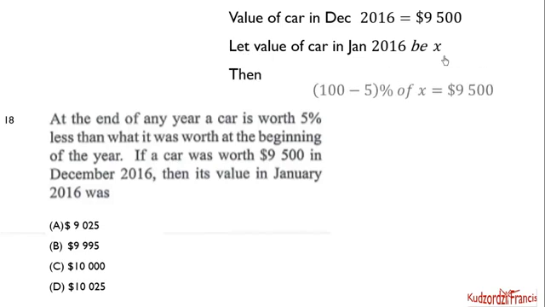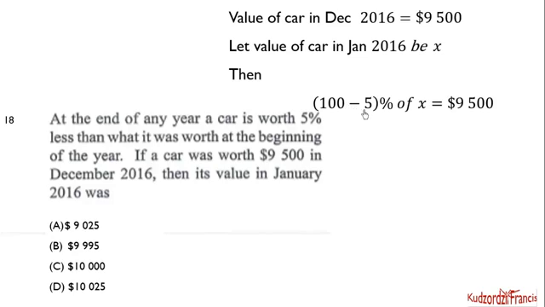Then 100 minus 5, because we were told that it is 5% less than what it was worth at the beginning of the year. So 100 minus 5% of X will be equal to the 9,500.